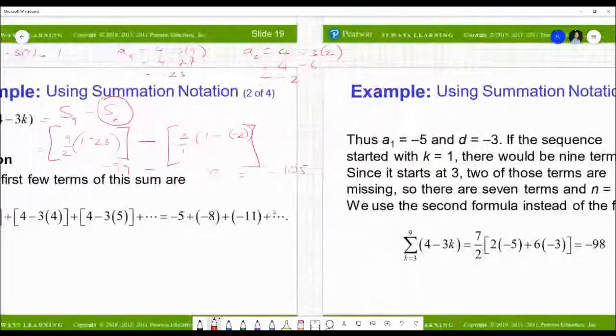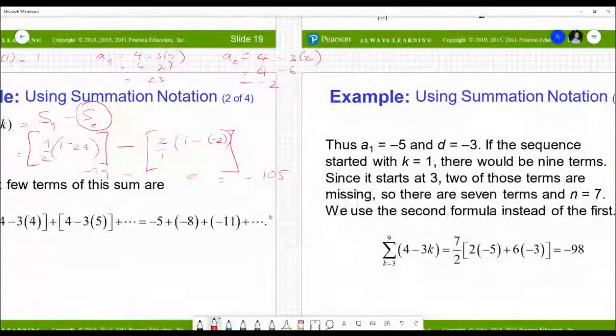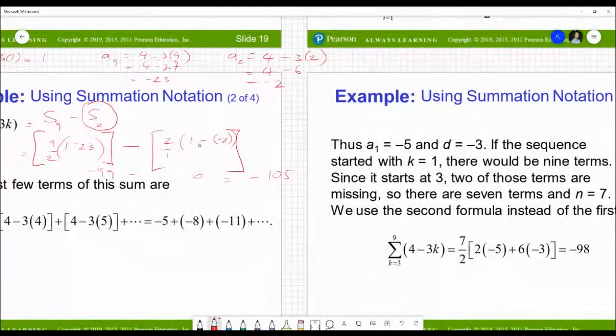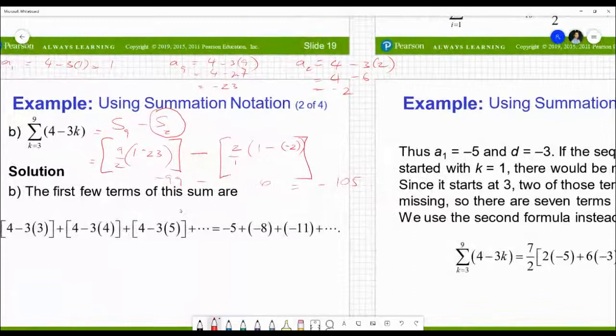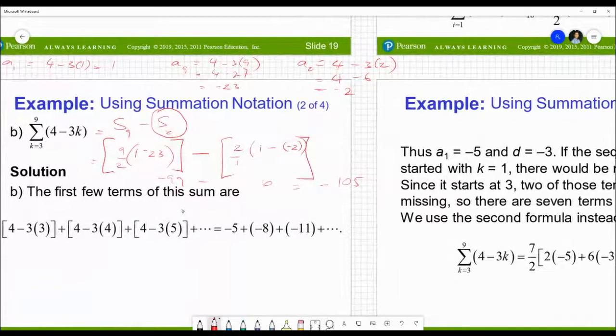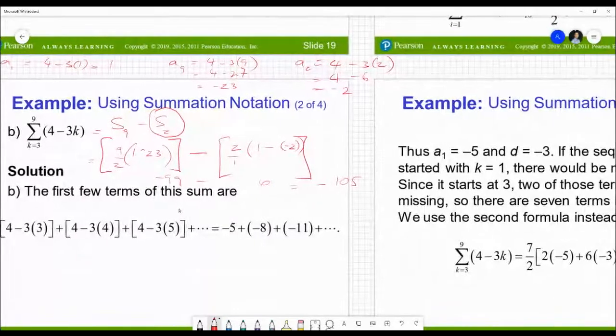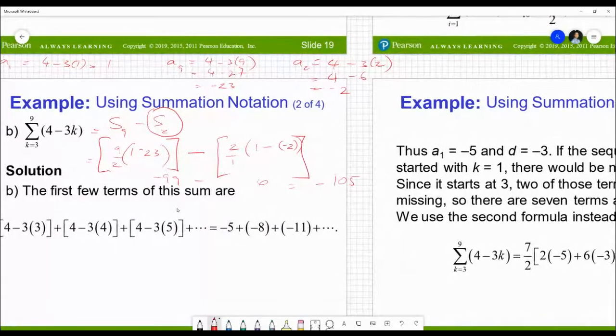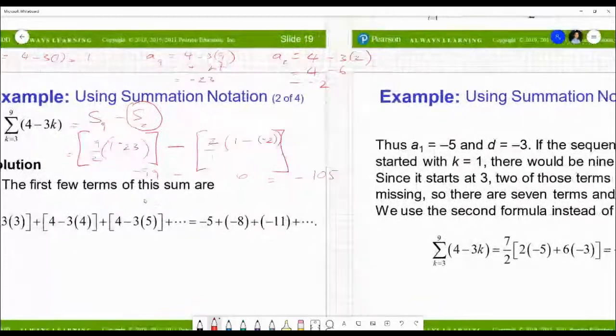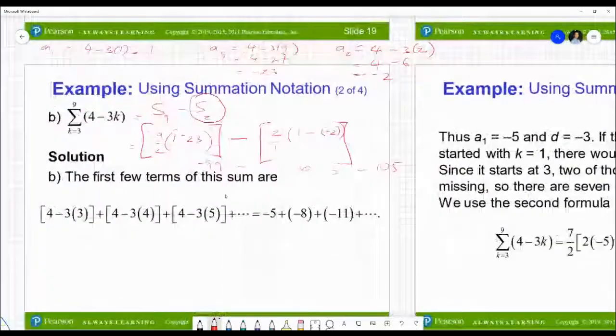Let's see if we got that right. Did I subtract it wrong? Let's see. I have negative 98. Got negative 98.